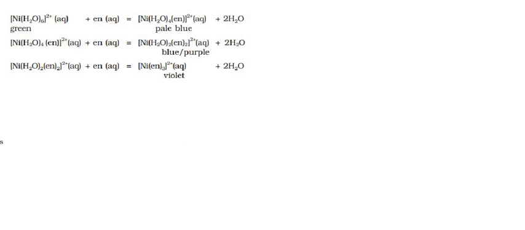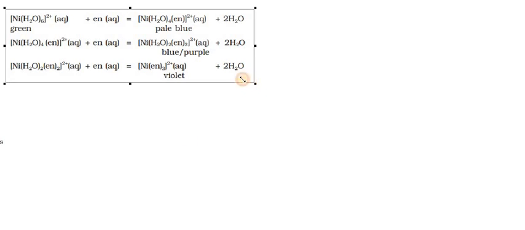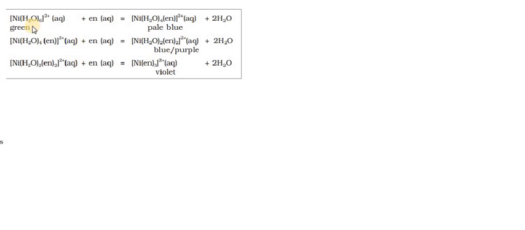So you are basically replacing the water molecules in the complexes, and so the coloring also changes. First, when you replace two of the water molecules with ethylene diamine, the green solution appears pale blue.